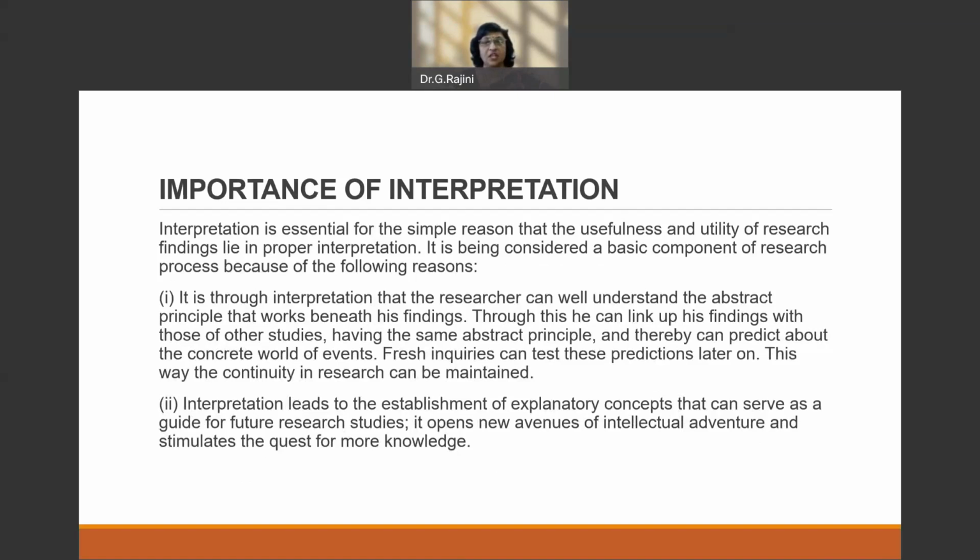Interpretation is essential for the simple reason that the usefulness and utility of research findings lie in proper interpretation. That's what I told you at the start of the session. It is considered a basic component of the research process because of the reasons I'm going to state now.